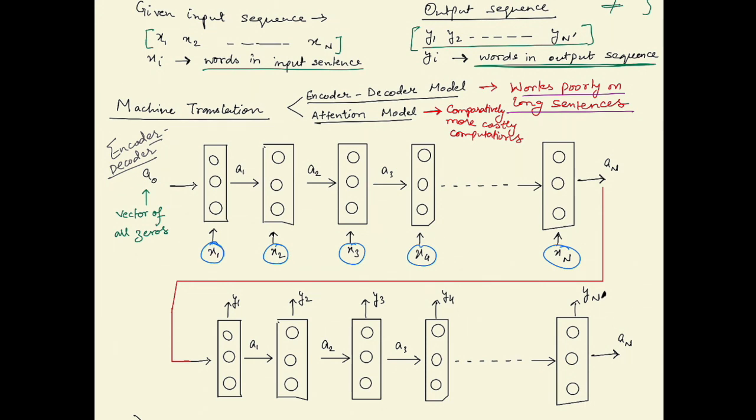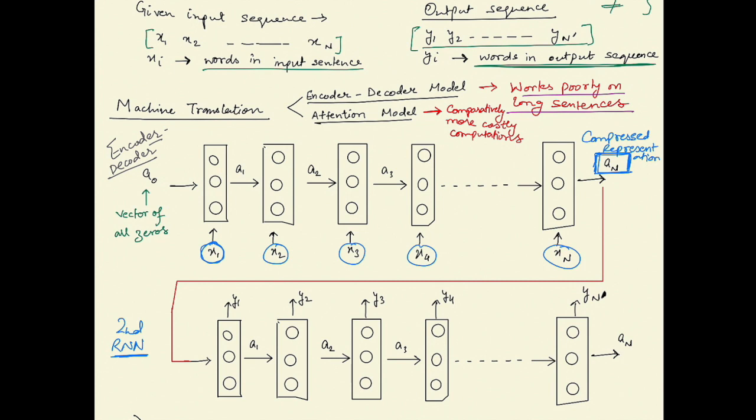The input sequence is passed through the recurrent neural network, and finally we obtain a compressed representation of the input sequence. Then we pass this representation to another neural network, our second recurrent neural network, the decoder neural network.